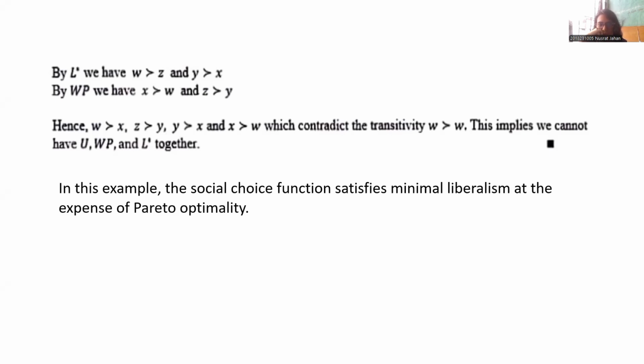In this example, the social choice function satisfies minimal liberalism at the expense of Pareto optimality. Because of this, we can see that society cannot have minimal liberalism and Pareto optimality at the same time.